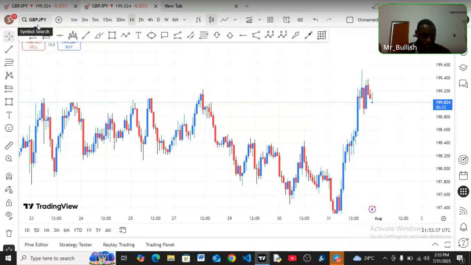Currency pairs are generally categorized into three main groups. Hope you understand base currency and quote currency now.